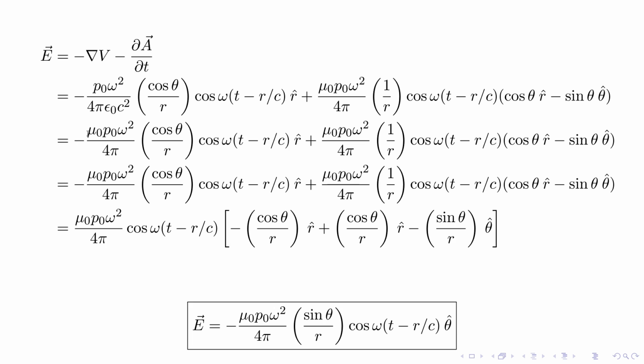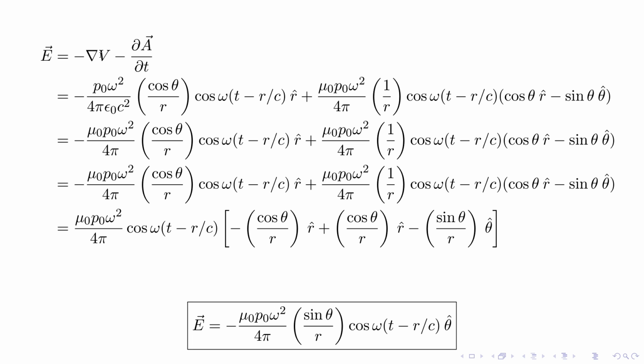So we have negative mu naught p naught omega squared over 4 pi cosine theta over r cosine omega t minus r over c in the r hat direction, plus mu naught p naught omega squared over 4 pi, and we have this factor of 1 over r of cosine omega t minus r over c, and then we also have a cosine theta over here. So there's a cosine theta over r in the r hat direction. This one's minus, this one's plus, and we're left over with this theta hat term.